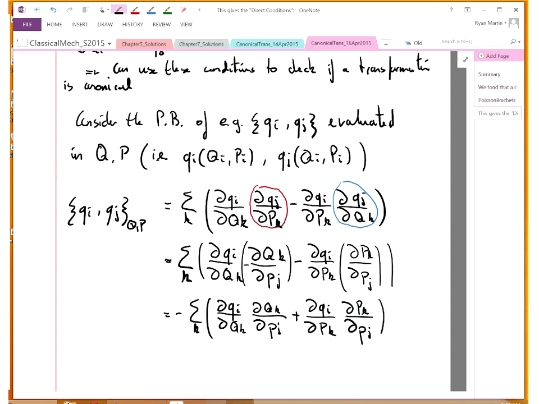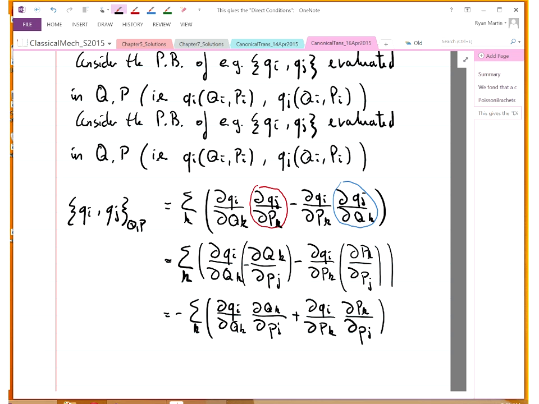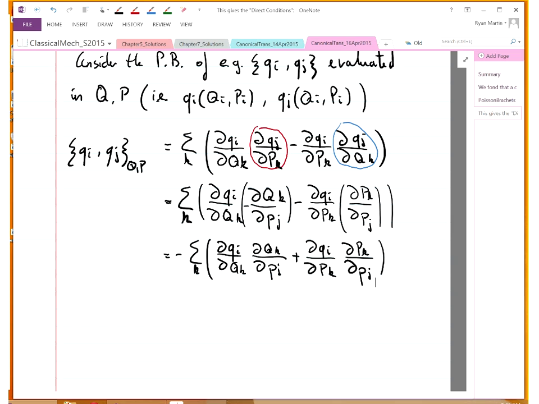So that actually does look familiar. That is just the chain rule, right? That is actually equal to minus ∂qi by ∂pj. Because let's say I started from the last line and I want to calculate ∂qi by ∂pj.